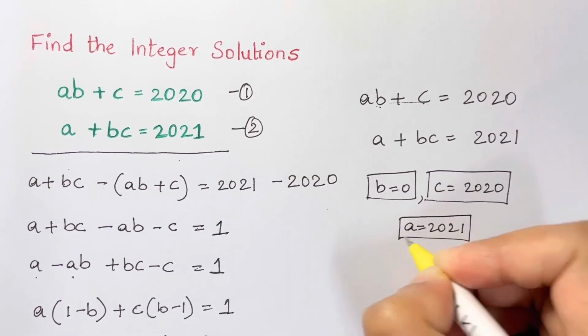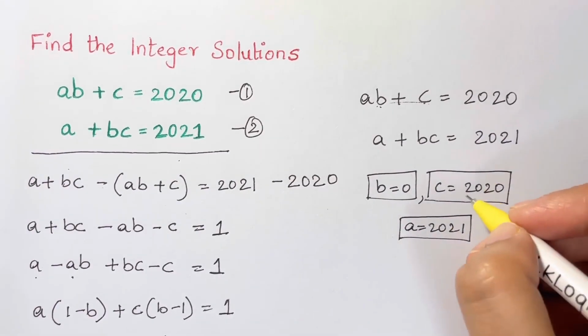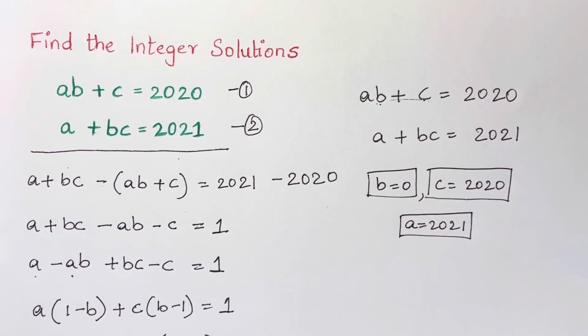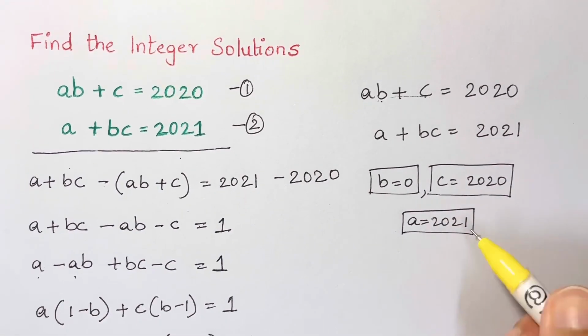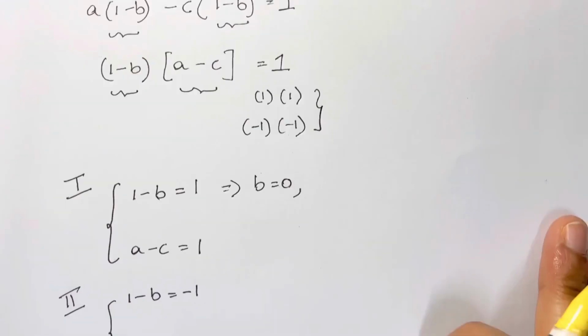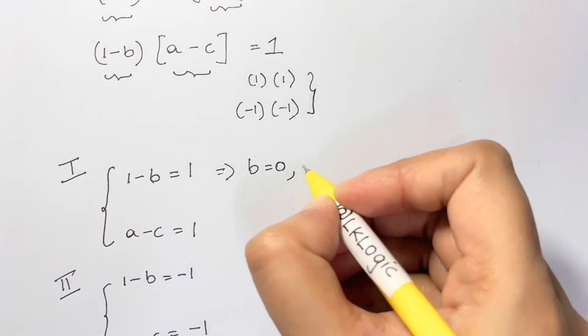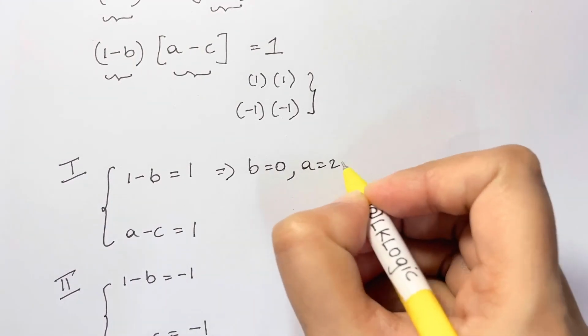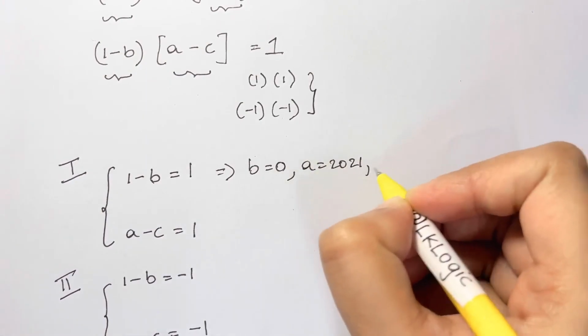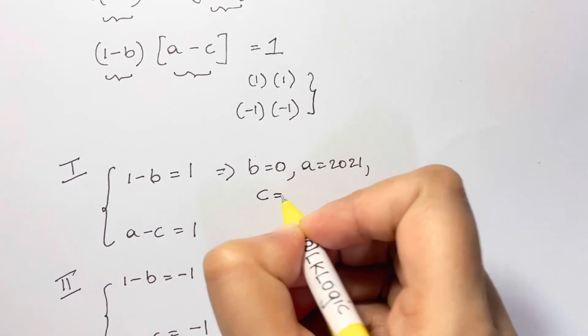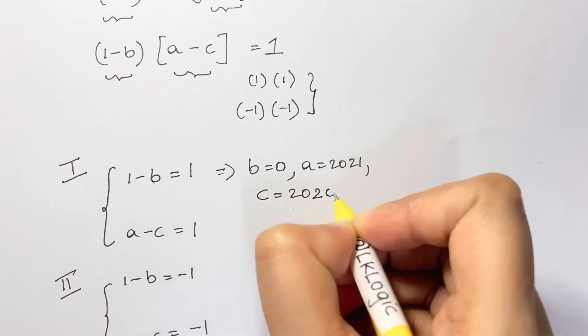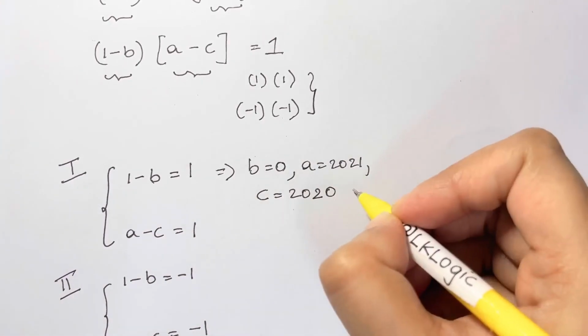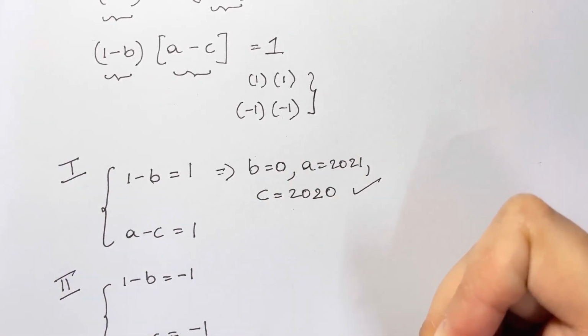So we get the three values. C is 2020 and B is 0 and A is 2021. So let us write it down here. A is 2021 and C is 2020. So this is how we got the three values of A, B and C here.